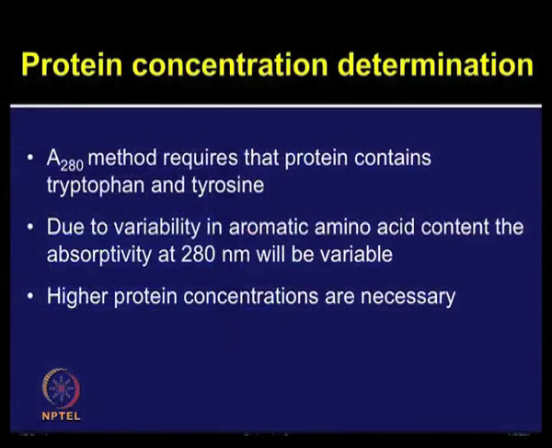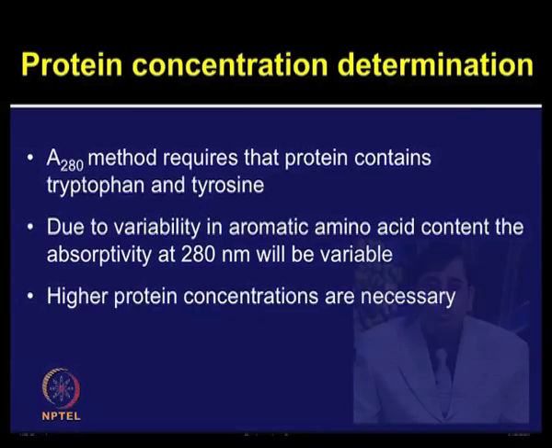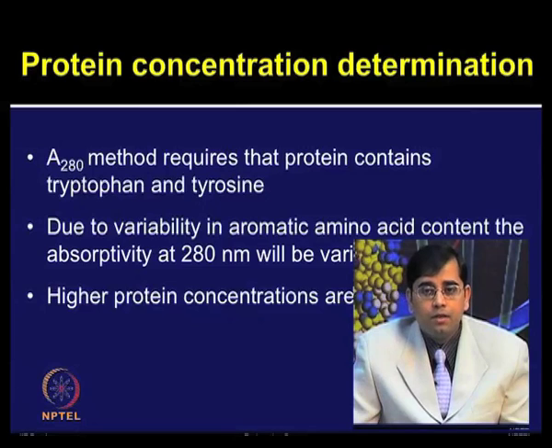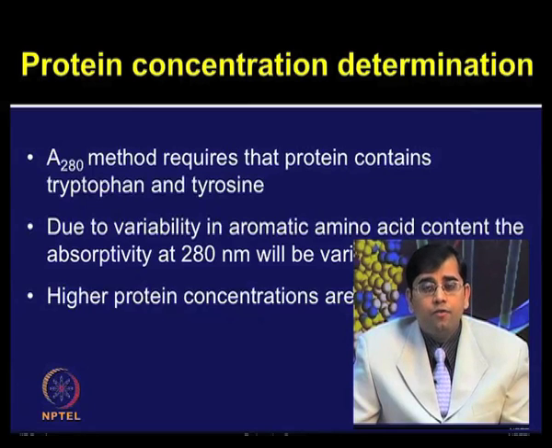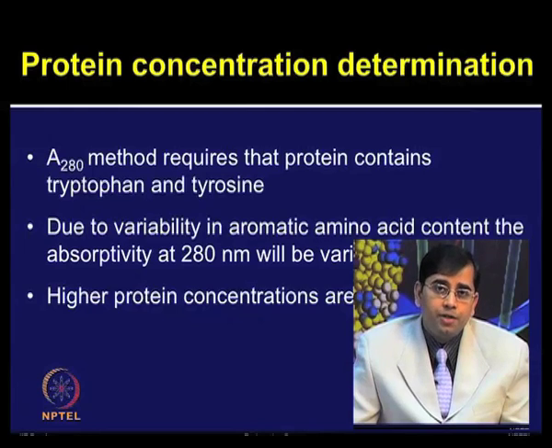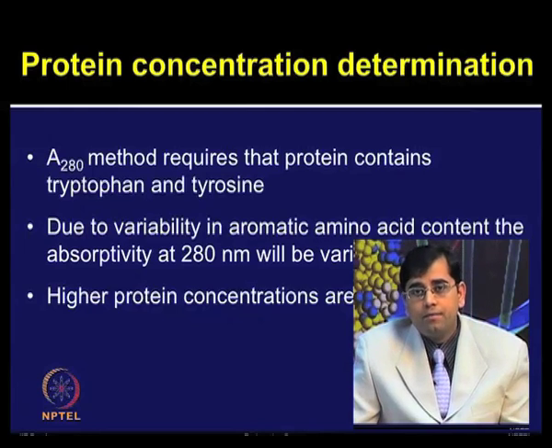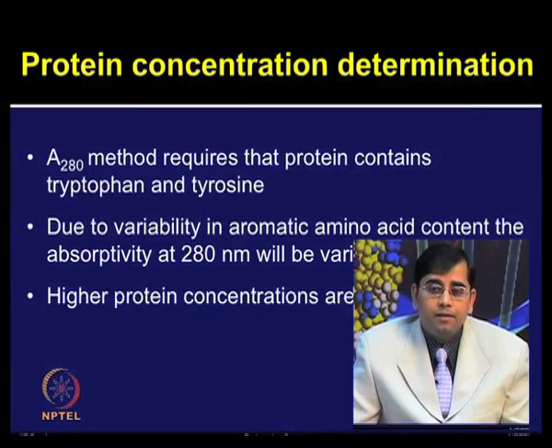Since protein samples will have variability in overall amino acid content, the absorptivity at 280 nanometers will be a variable factor for this type of method. Also, if you need very high protein concentration for your proteomic applications, then this method is again a limiting factor.